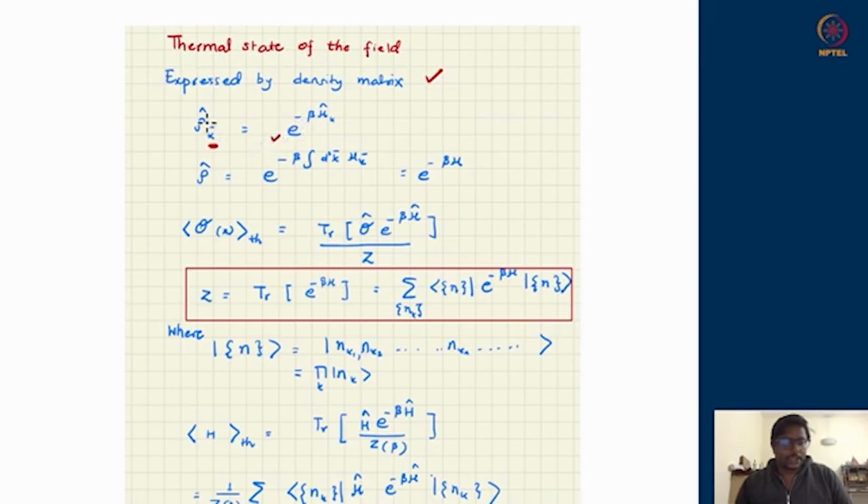The kth mode oscillator state is described by this density matrix, which is e to the power minus beta h_k, the thermal density matrix of the system. The full field-theoretic density matrix rho is effectively the collection of all the oscillators put together. So it would be e to the power minus beta h_k1, e to the power minus beta h_k2, e to the power minus beta h_k3.